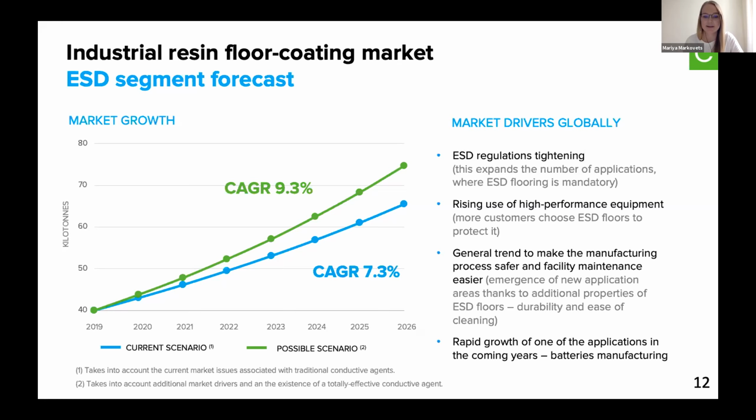to enter this market. The most common solution to make the floor coating conductive is to use an anti-static or conductive agent. And traditional conductive agents are either not effective enough or they have a high price. So these issues will influence the market, and with these issues the market will not grow in accordance with the performance scenario.